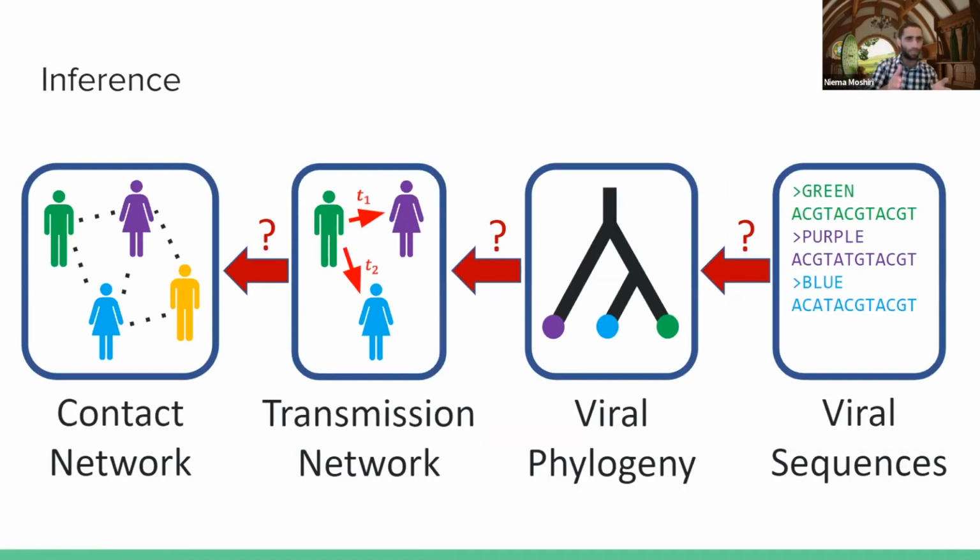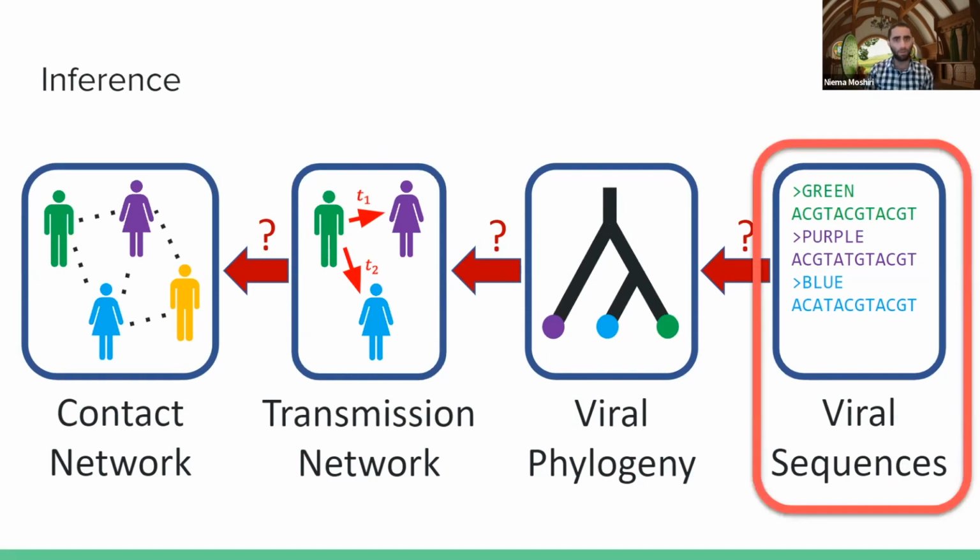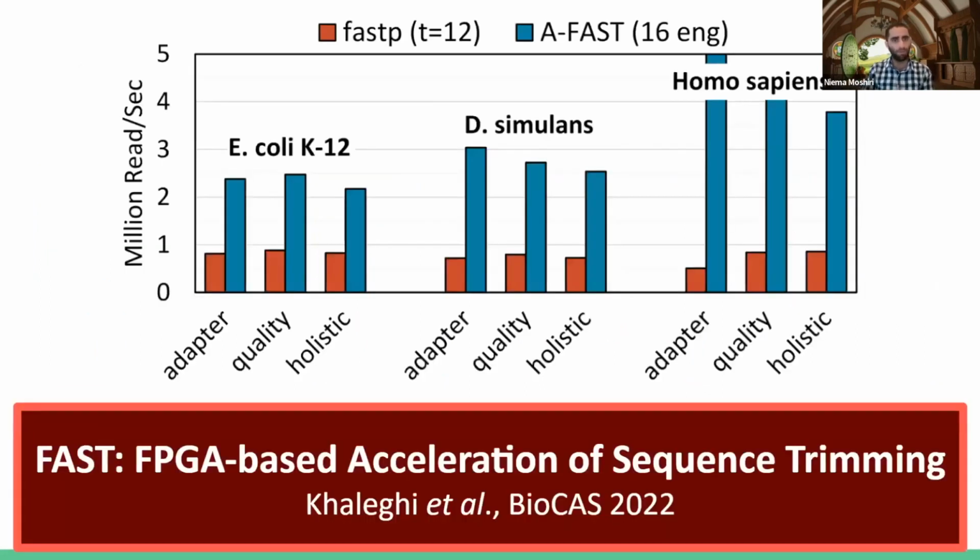But then on the inference side of things, how do I actually analyze real data sets? I'll first talk about the viral sequences. How do I even generate viral sequences? As I mentioned earlier, the first step of any of these consensus sequence generation pipelines is mapping reads to a reference genome. So I've collaborated with folks that work on hardware acceleration in the computer science department to come up with various hardware accelerated solutions for DNA sequence pattern matching that we've integrated, for perfect matching as well as for sequence alignment.